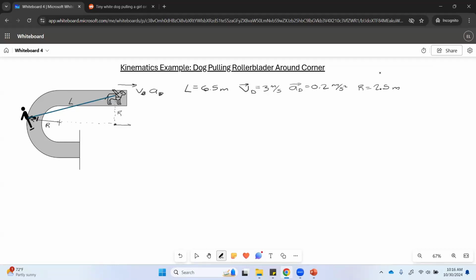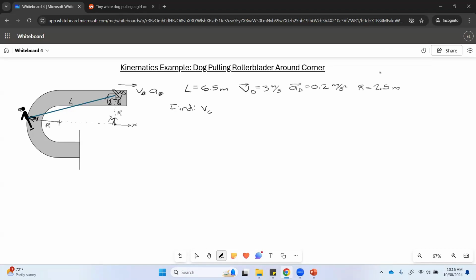We can say there is X in that direction and Y in this direction. All right, so if we're given all of those things, we need to find the speed of the person. And let's say it's a girl because the P and the D are going to look really similar. So just put a ponytail.